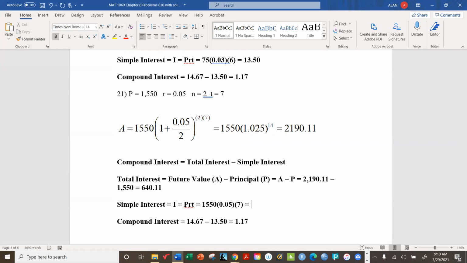All right, and then finally the difference between them: $640.11 minus 542.50 equals 97.61. Very nice.